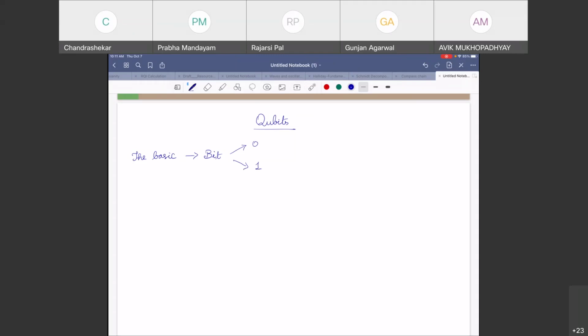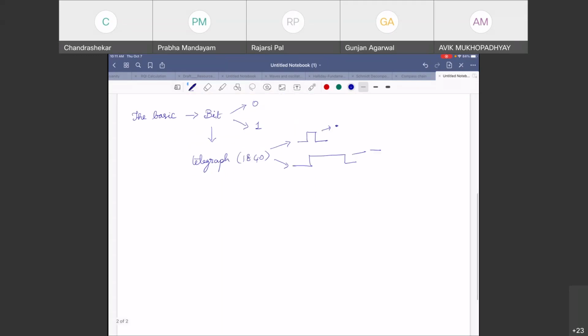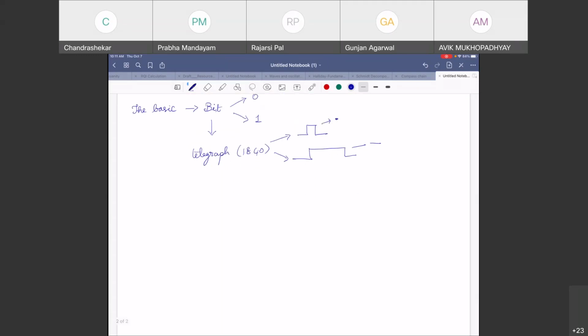If you look at the origin of the bit, it came from the time when we first started using the telegraph. Odd, but the origin of the bit is actually around the 1840s or so. In the telegraph, we had two things, a short pulse, called a dot, and a long pulse, called a dash. The entire alphabet, special symbols, and everything were encoded through these two components.